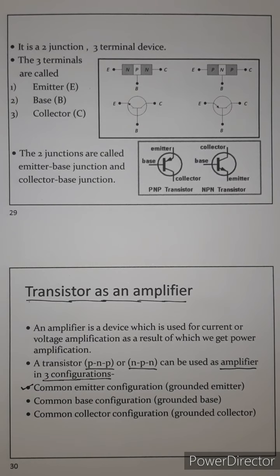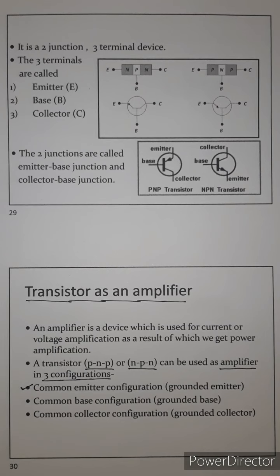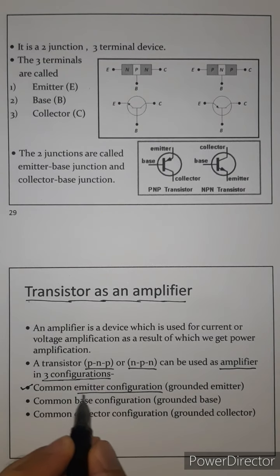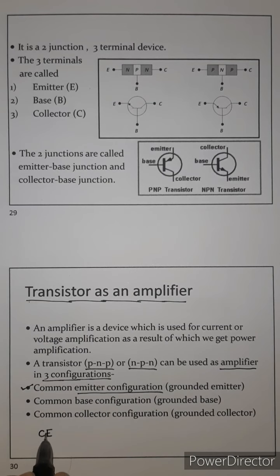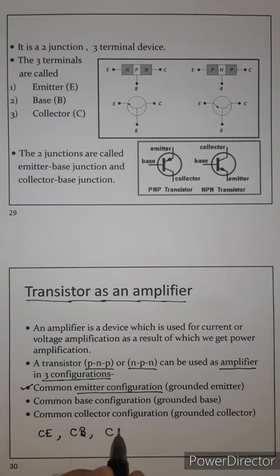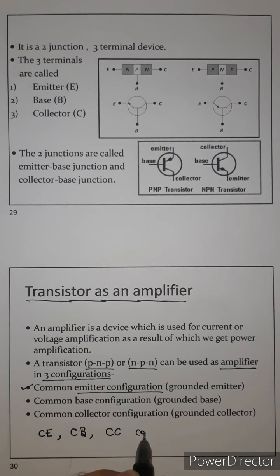And similarly, we also have common collector configuration. We can write CE for common emitter configuration, CB for common base configuration, and CC for common collector configuration.